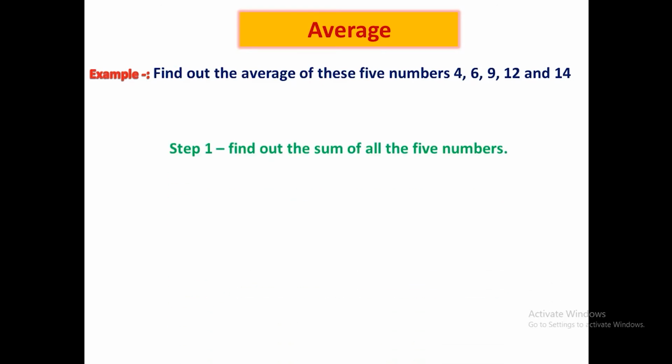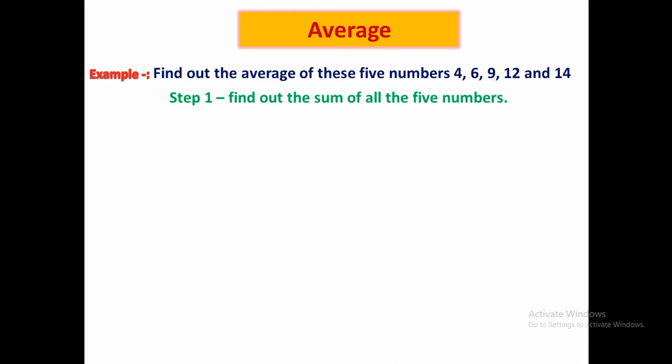First step, find out the sum of all the 5 numbers. So, the sum of all these 5 numbers is equal to 4 plus 6 plus 9 plus 12 plus 14, which is equal to 45.